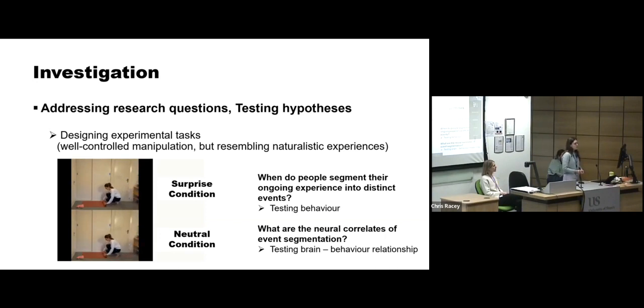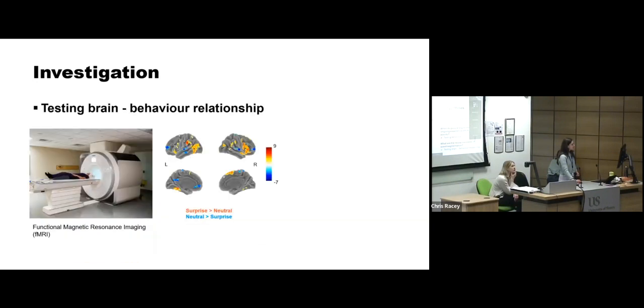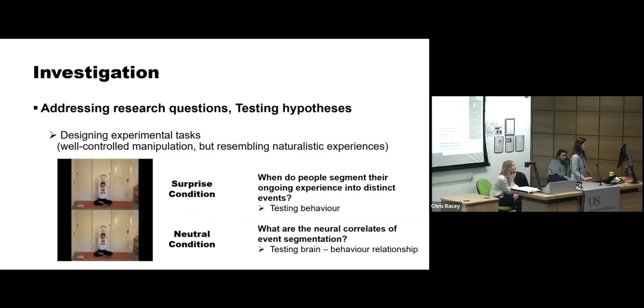And we also manipulated that in one scene, in one condition, there would be a surprising action. So for example, in this one, the person is just making cereal for breakfast, and the surprising version of the action, let me just go back here.